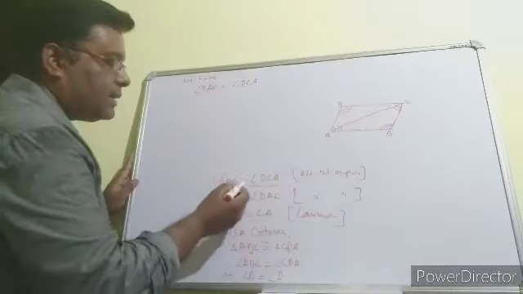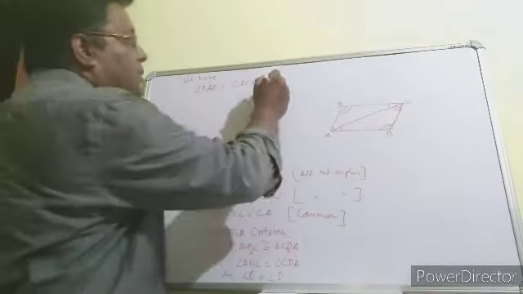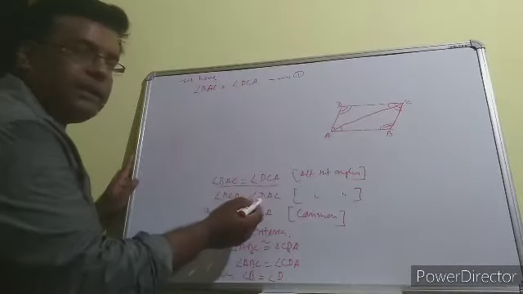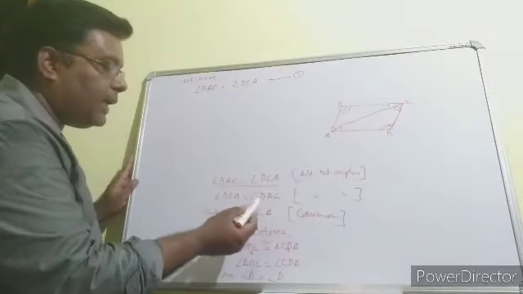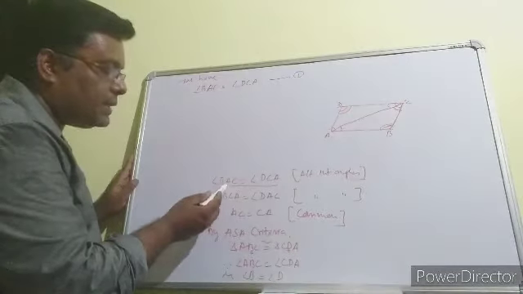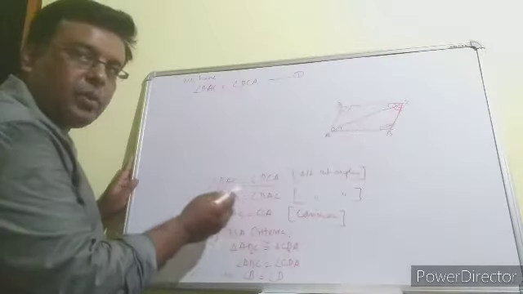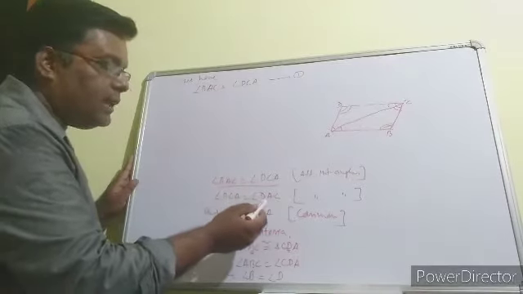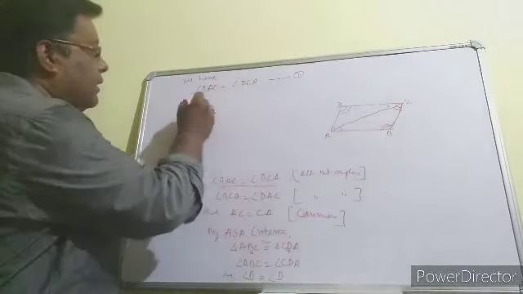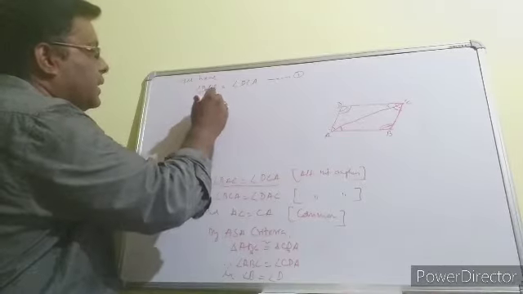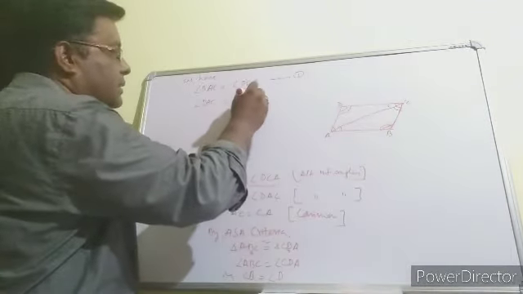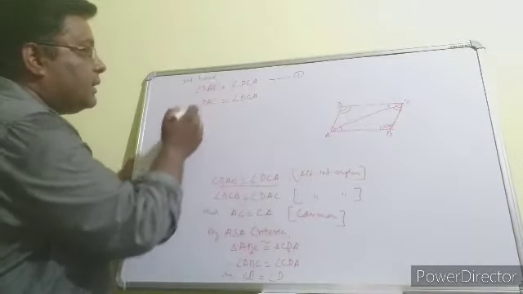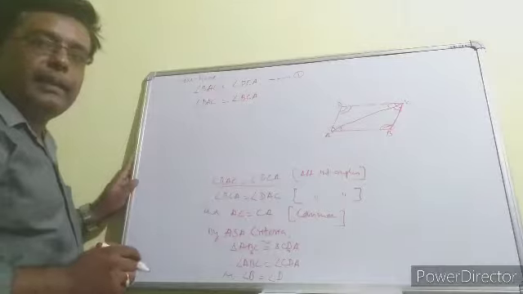This one we call number 1, and here BCA and DAC are equal, but since angle BAC and angle DAC are both related to angle A, we will write simply angle DAC is equal to angle BCA. We will write only the reverse way, such that we can add them.